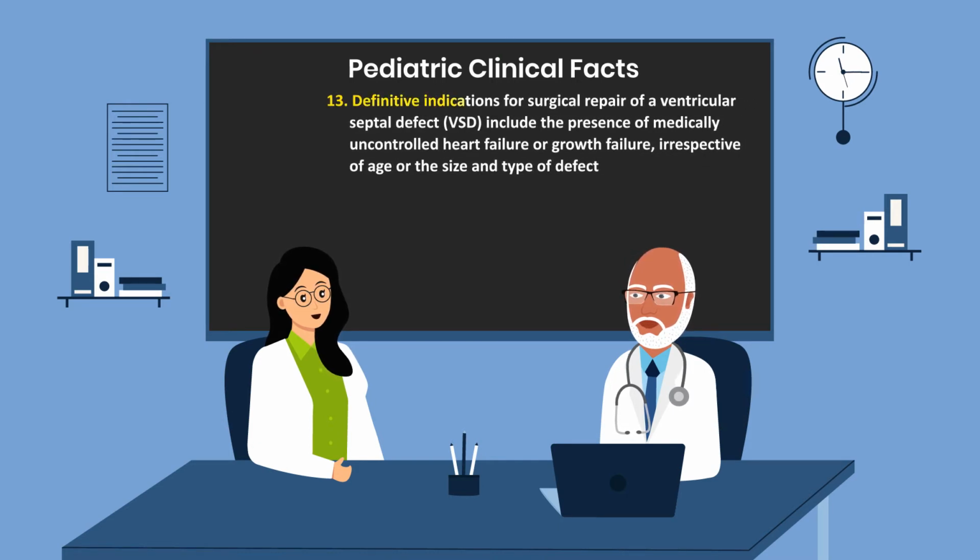Definitive indications for surgical repair of ventricular septal defect include the presence of medically uncontrolled heart failure or growth failure, irrespective of age or the size and type of the defect.